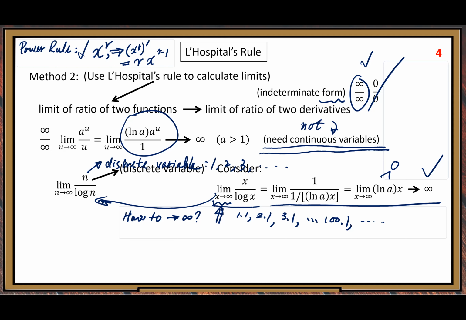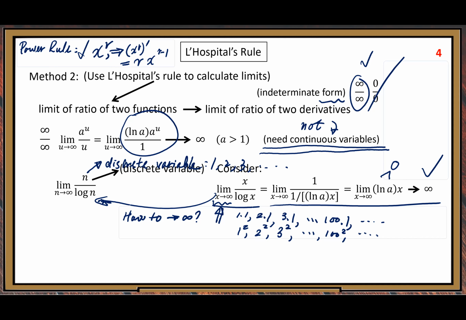Another one: 1 square, 2 square, 3 square, 100 square. Is it okay? It approaches infinity in squares. A different pattern.